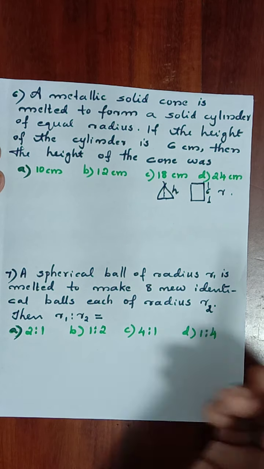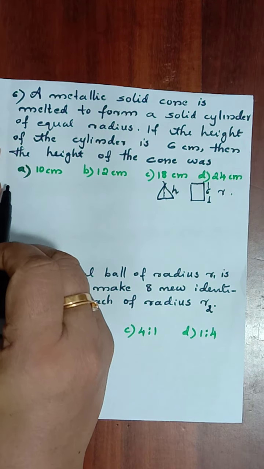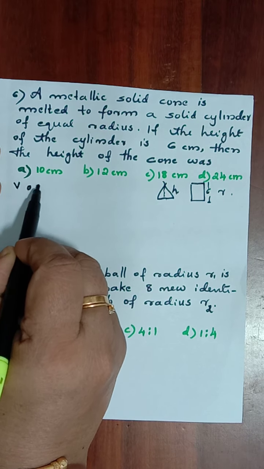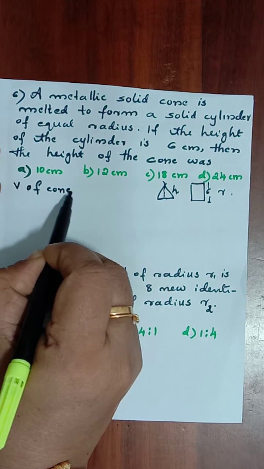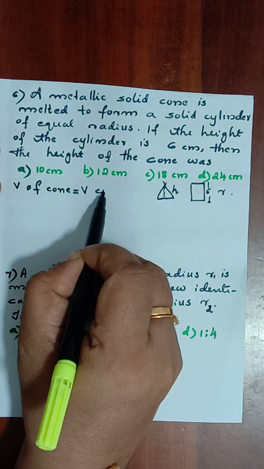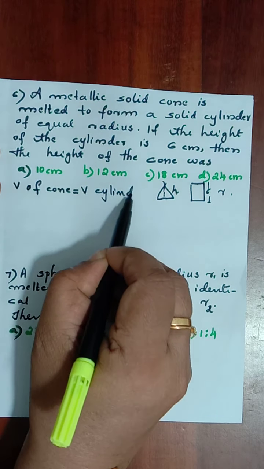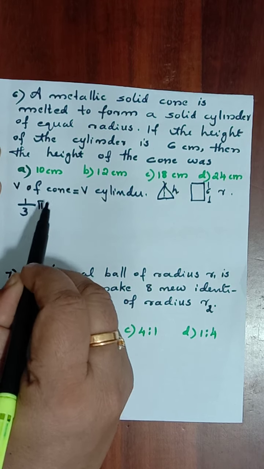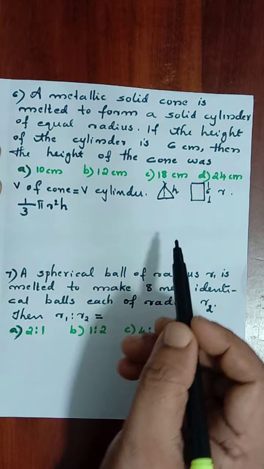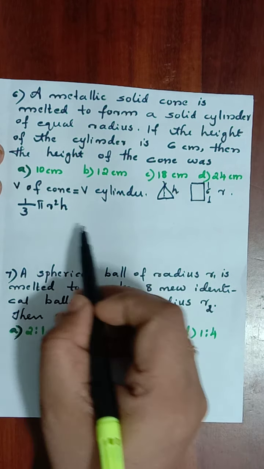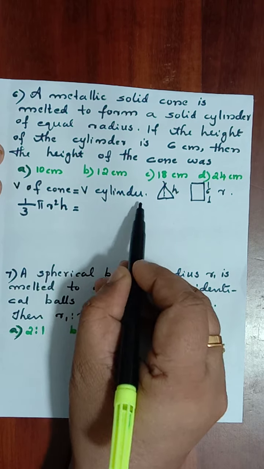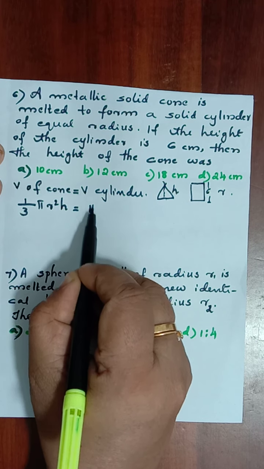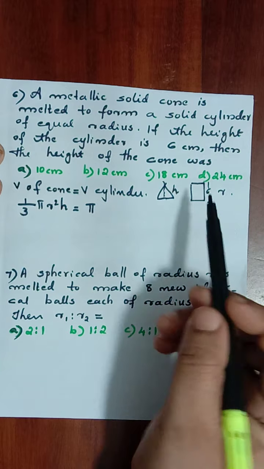So, metallic cone is made. So, volume of cone is equal to volume of cylinder. 1 by 3 pi r square h. We do not know the cone's height, so let it be h. That is volume of cylinder. Volume of cylinder is pi r square h.